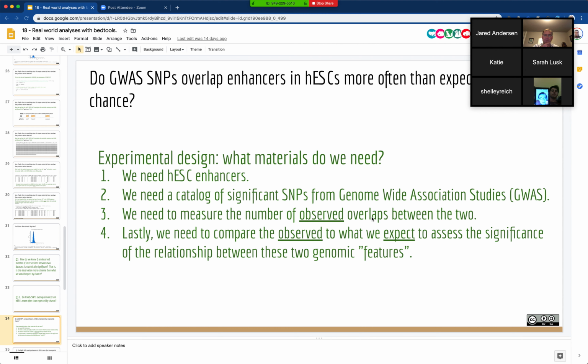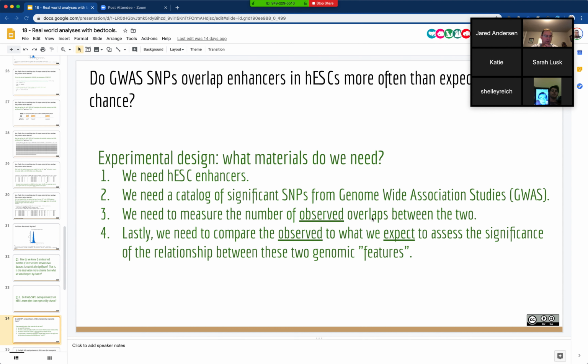And then lastly, we need to compare the observed number of overlaps to the number of overlaps that we expect. And that observed versus expected ratio is essentially the effect size that allows us to assess the significance of the relationship between the two genomic features. So as a straw man, if we calculated that 100 of these GWAS associated SNPs overlap enhancers, that's what we observe.